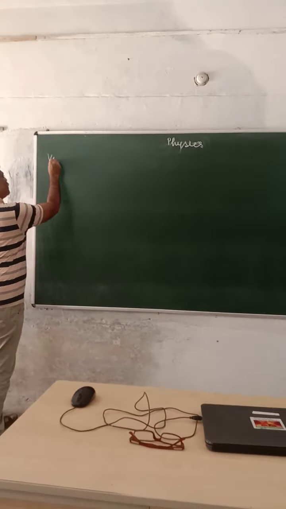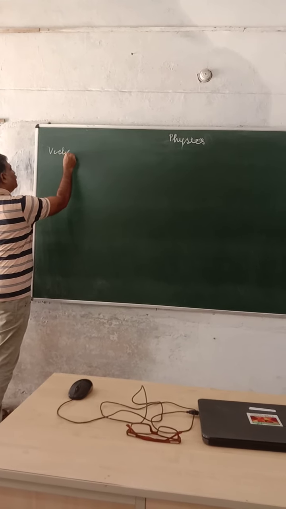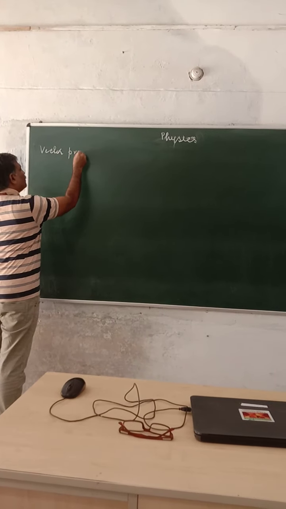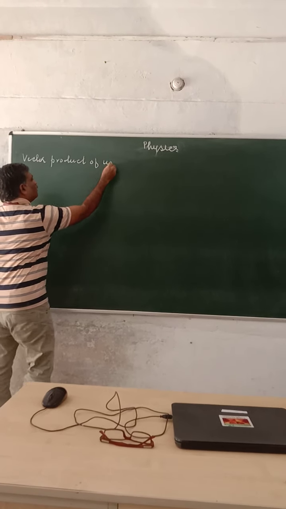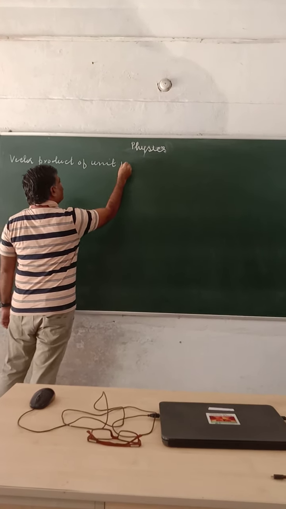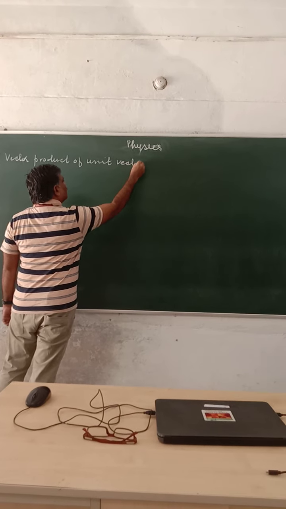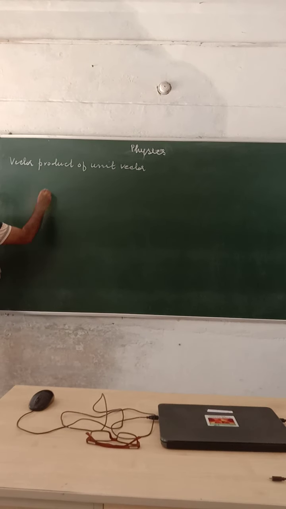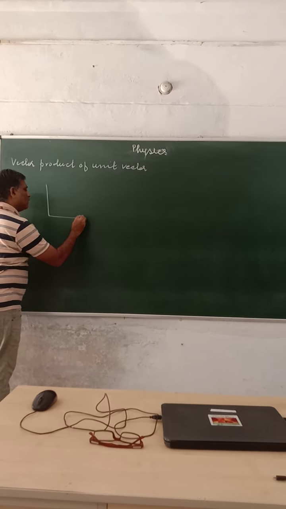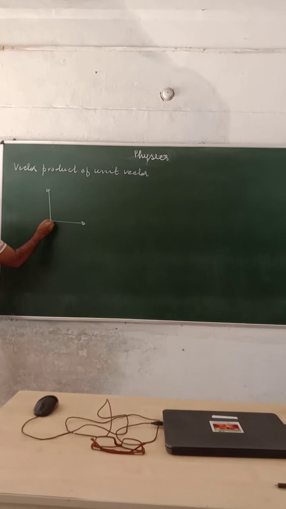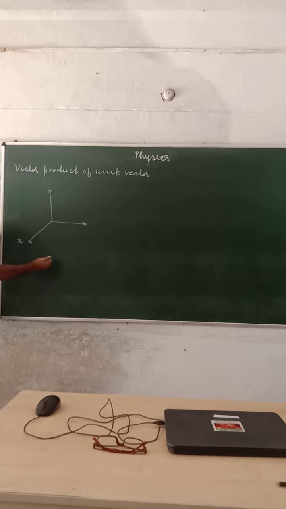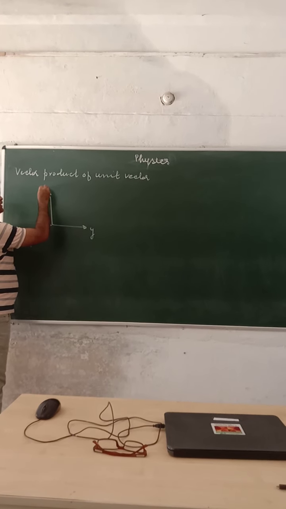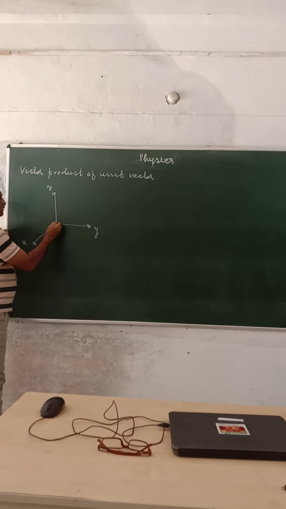So, vector product of unit vectors. We know that if you consider a three-dimensional figure, this is x-axis, this is y-axis, this is z-axis.